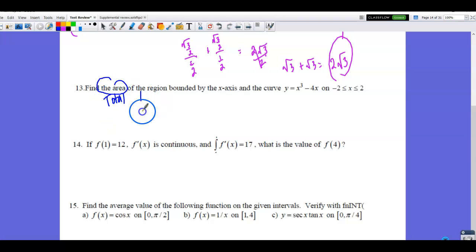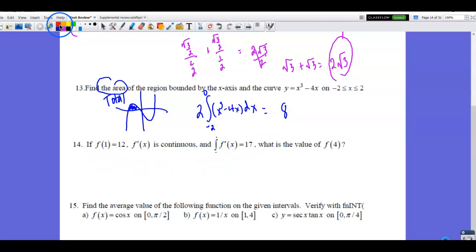And since we saw our graph was an odd function that had positive area and then negative area, we're not getting 0. What we're going to do is double the area accumulated from -2 to 0 under x cubed minus 4x dx. And if you evaluate that out carefully, you will get 8.